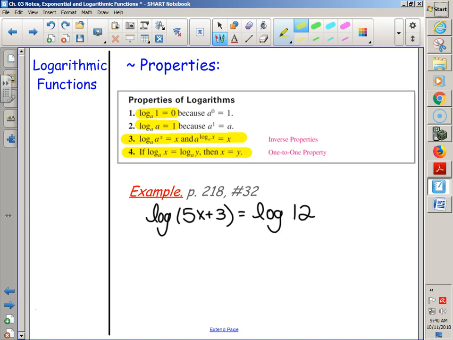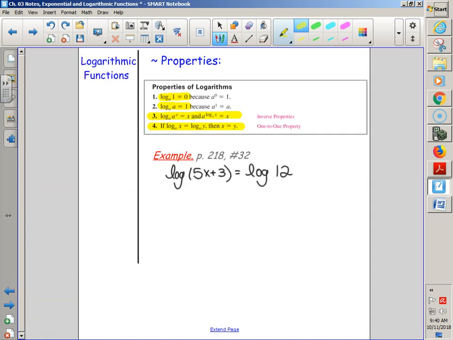So guys, how are you going to simplify or solve or get to x on the first example that you see right there? There are 2 ways to get there. What's one way to get to x? What do I do with the log? The 5x plus 3 is trapped. The 12 is trapped.